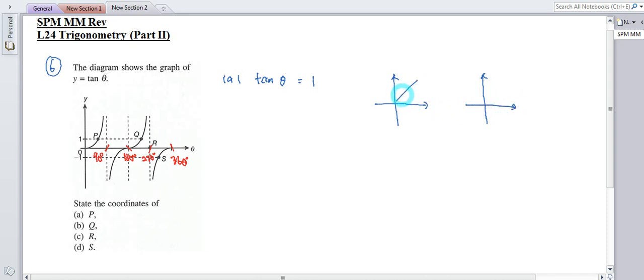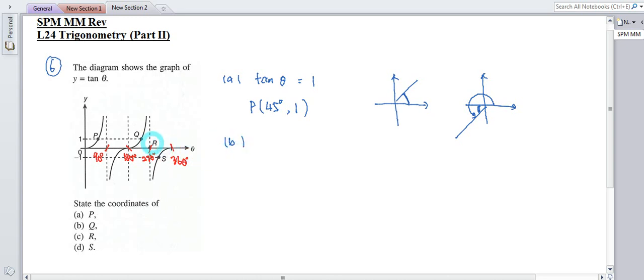It can be here, or it can be here. This one is in the first quadrant, less than 90 degrees. So we know that the coordinate of P must be 45 degree and 1. So this is the answer for A.